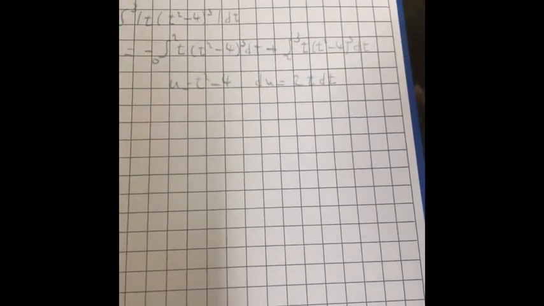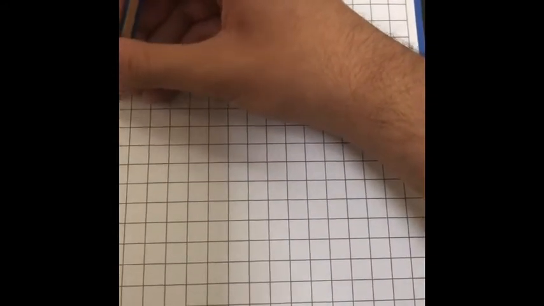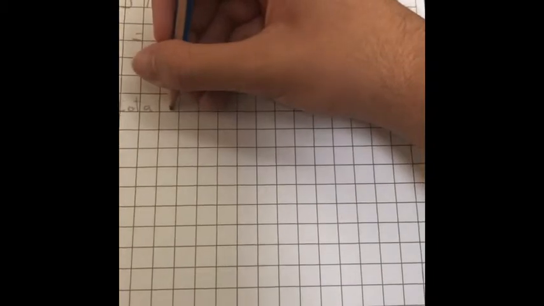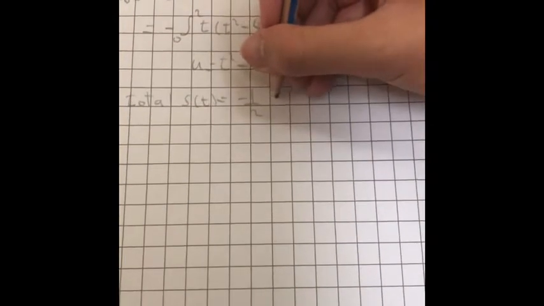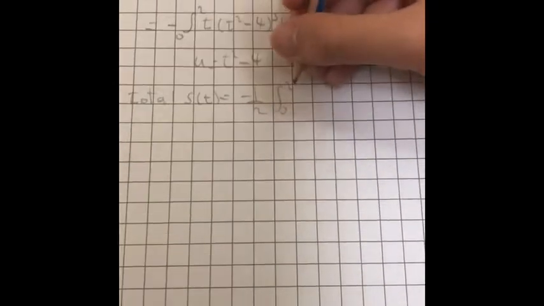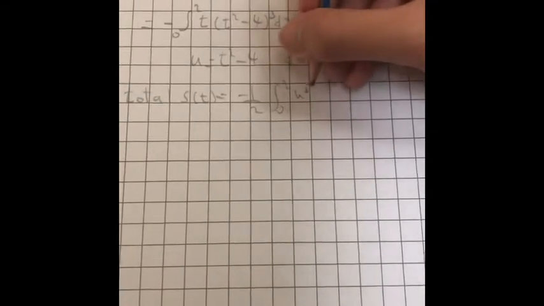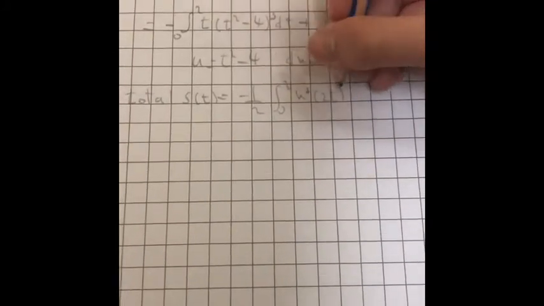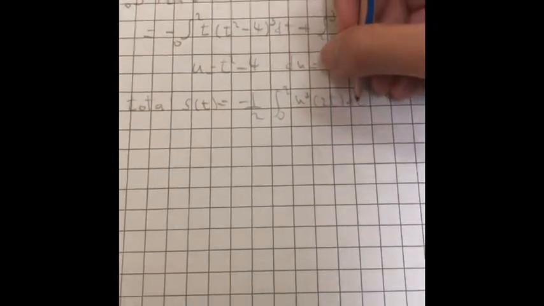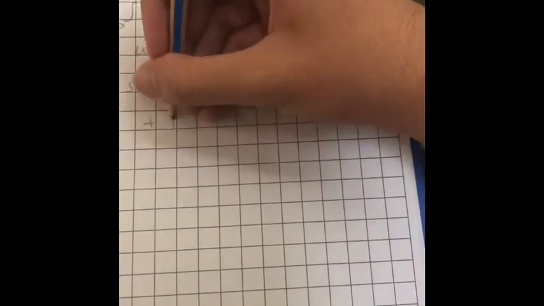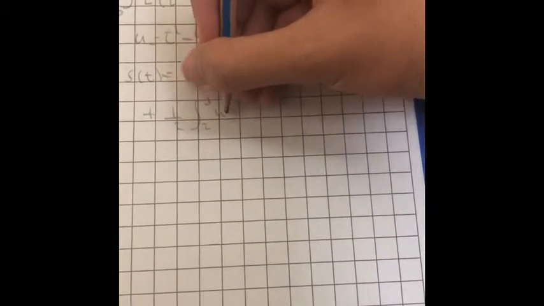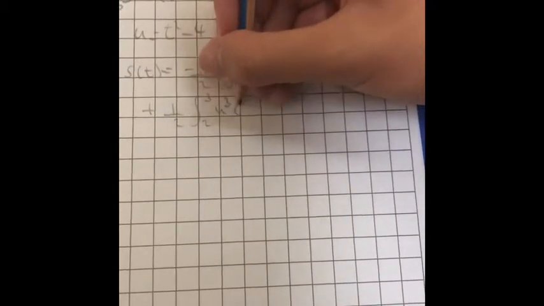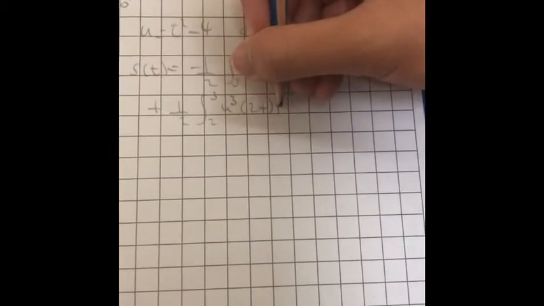Then we'll find the total distance, which is minus 1 over 2 integral from 0 to 2 of u cubed 2t dt, plus 1 over 2 integral from 2 to 3 of u cubed 2t dt.